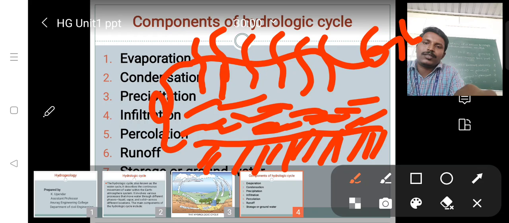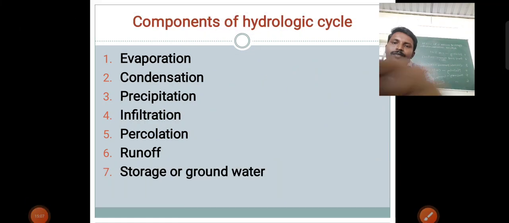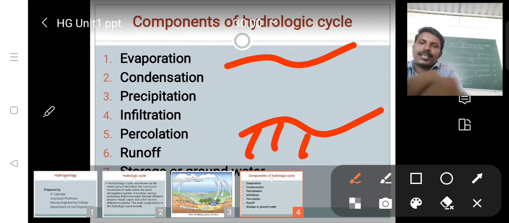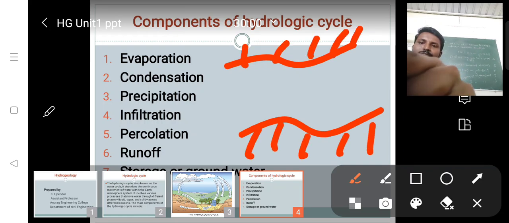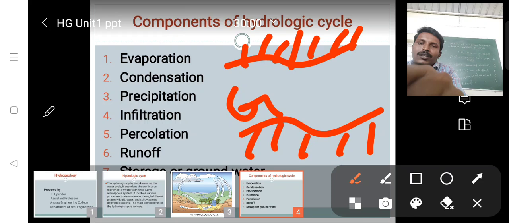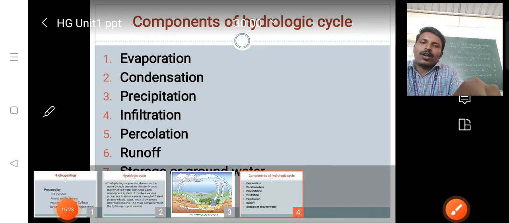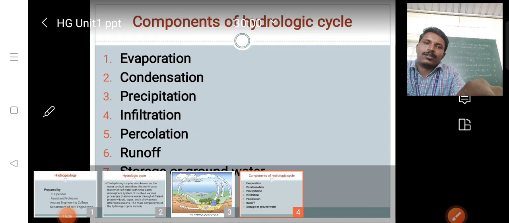Impermeable layers do not allow water, but how does groundwater occur here?